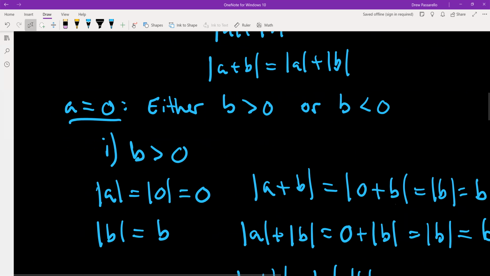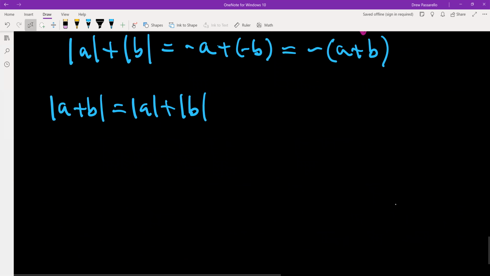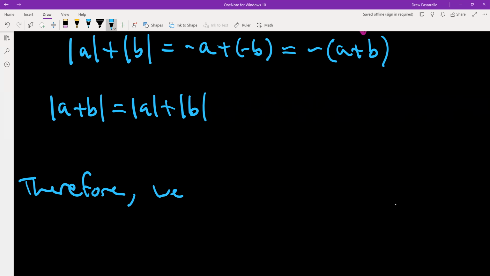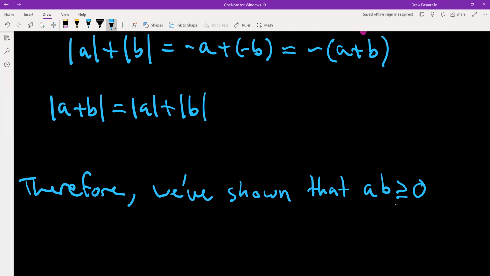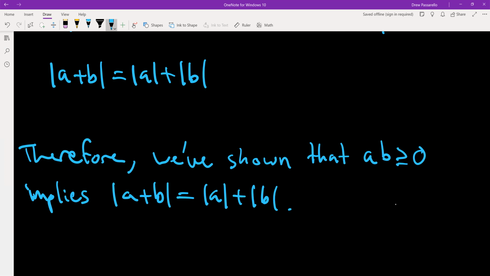So therefore, we've shown for the first part that if A times B is greater than or equal to 0, implies absolute value of A plus B is equal to the absolute value of A plus absolute value of B.